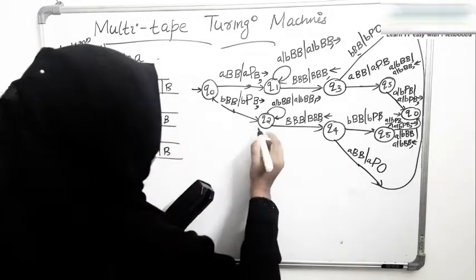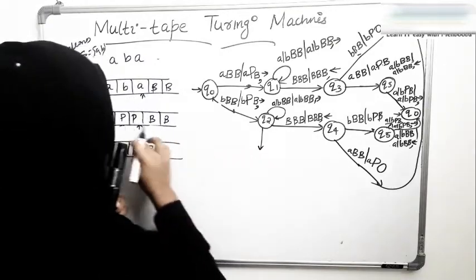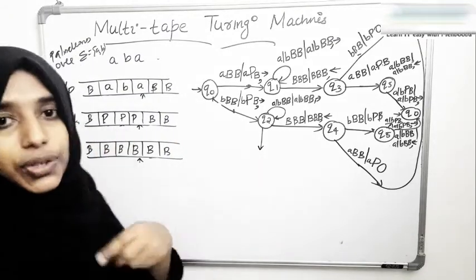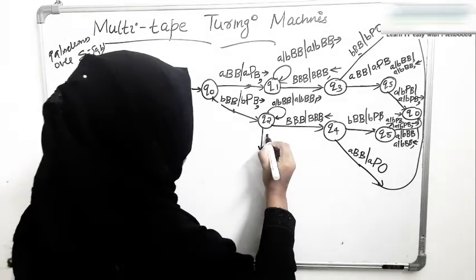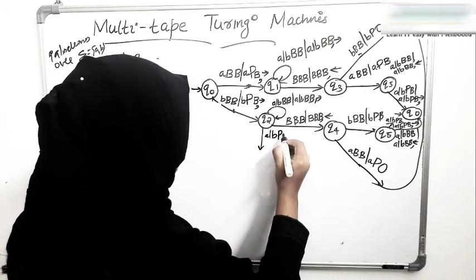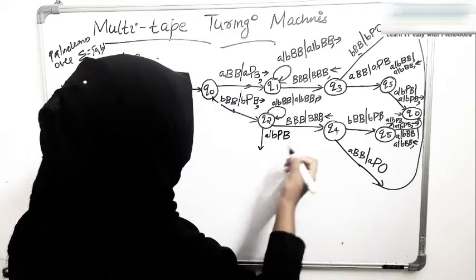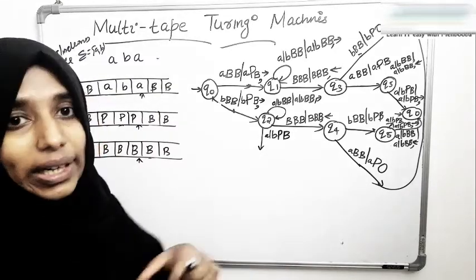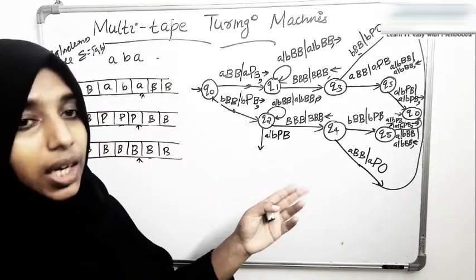Now you are again seeing a B, a P in the second step, meaning that there is no unprocessed character, whether it is A or B. If you are seeing a B, P in the second step and blank in the third step, that is the middle character of the palindrome. There is nothing to be compared with.